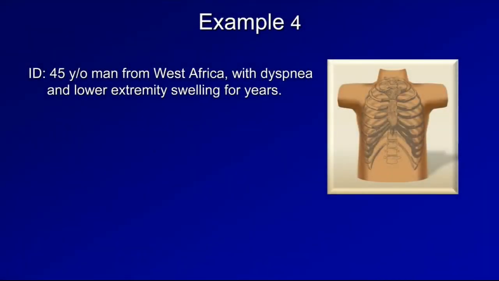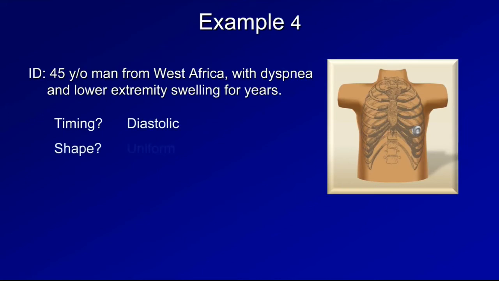Example 4. A 45-year-old man from West Africa with dyspnea and lower extremity swelling for years, this murmur is loudest with the bell of the stethoscope at the apex. Timing, it's also diastolic.